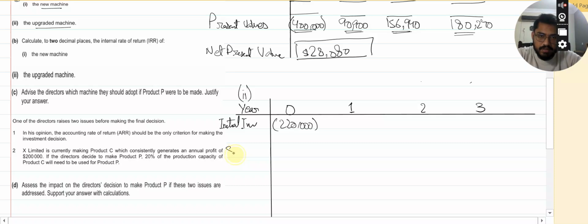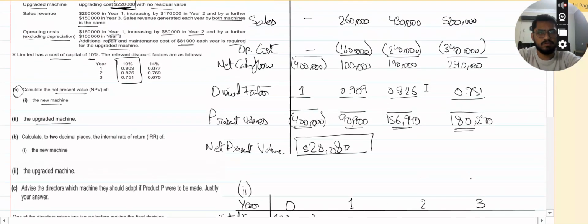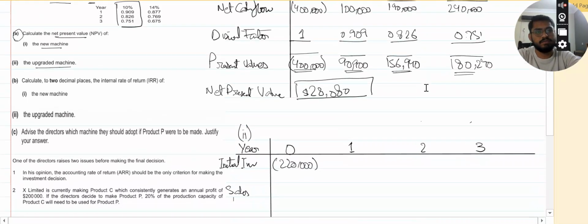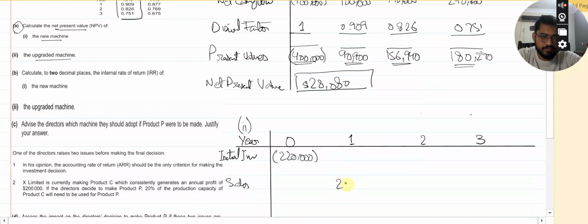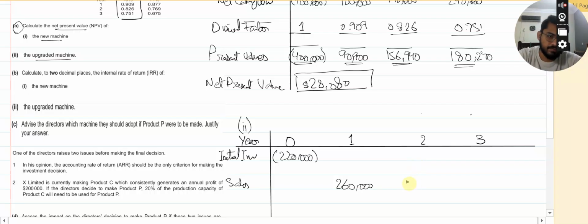Then of course we have cash inflows in the form of revenue, which are same. So this will be $260,000, 430,000 and 580,000.